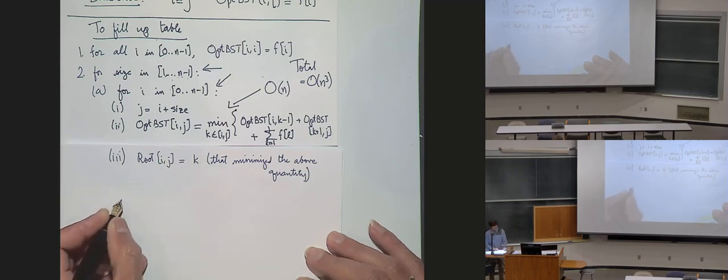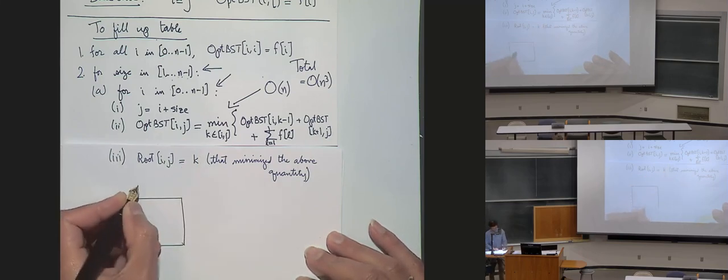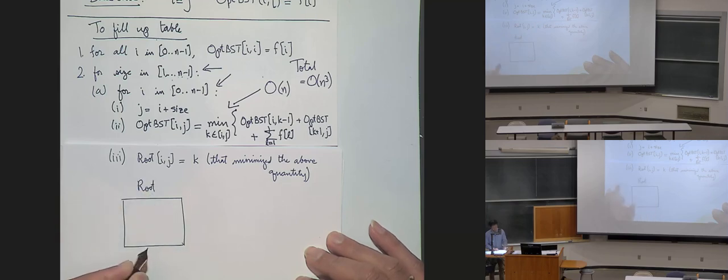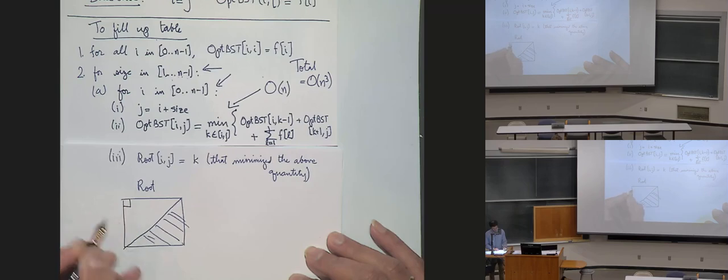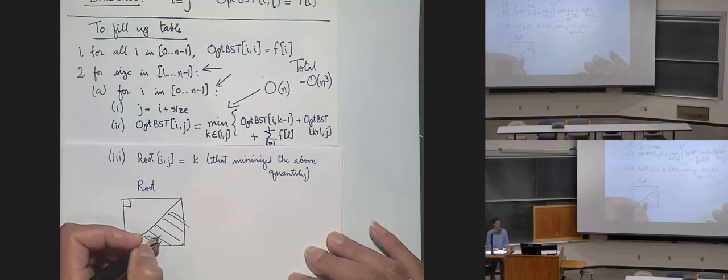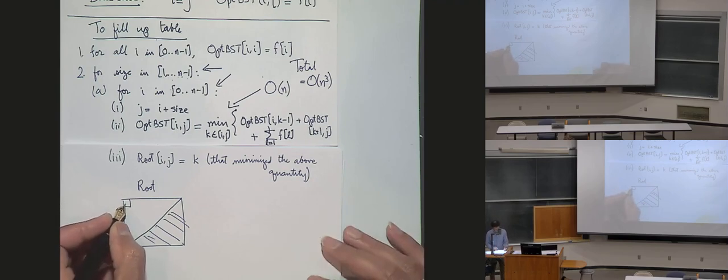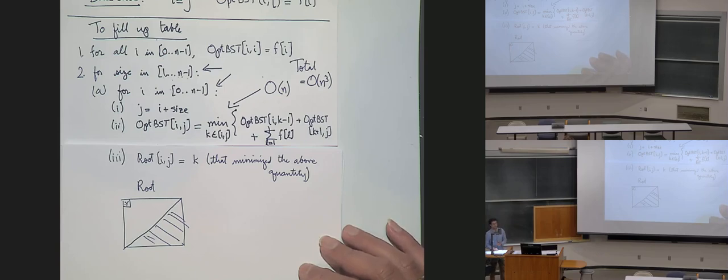So when you're finally done, if you look at the root table, the root array, what you get over here will be the root for the overall tree. Maybe that root is, I don't know, like I called it gamma. So you found out what gamma is.